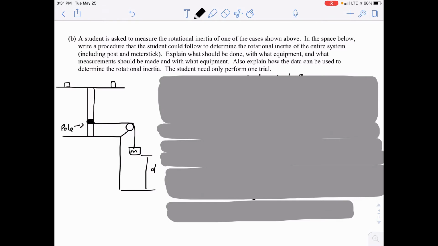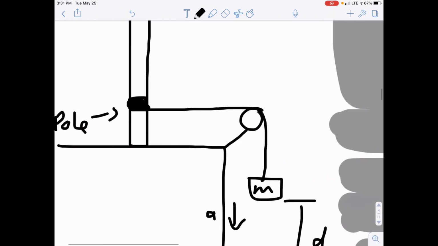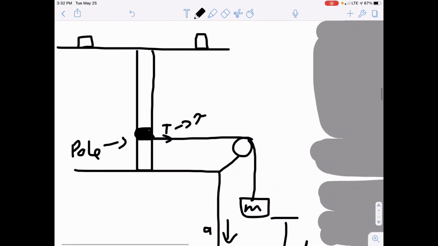When you release this, the mass will accelerate downward, which means the whole system will begin to spin in the counterclockwise direction, but it'll spin faster and faster. The tension in the rope causes a torque.